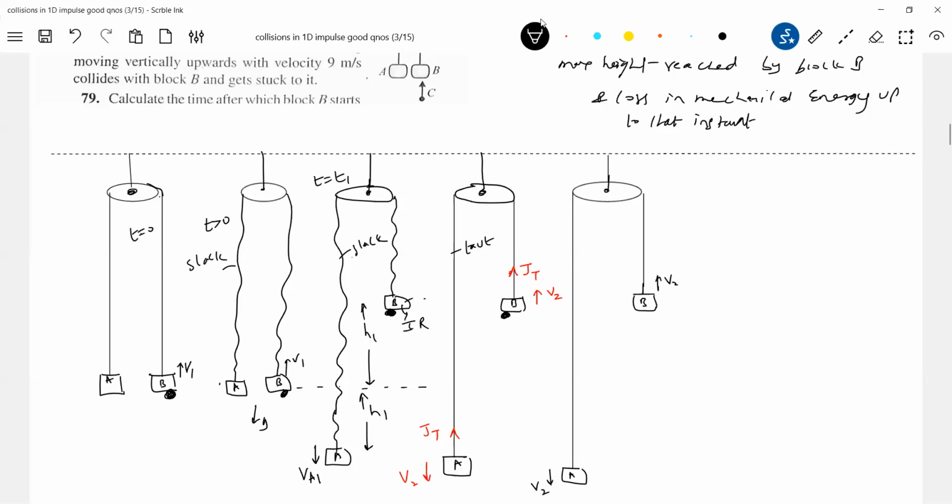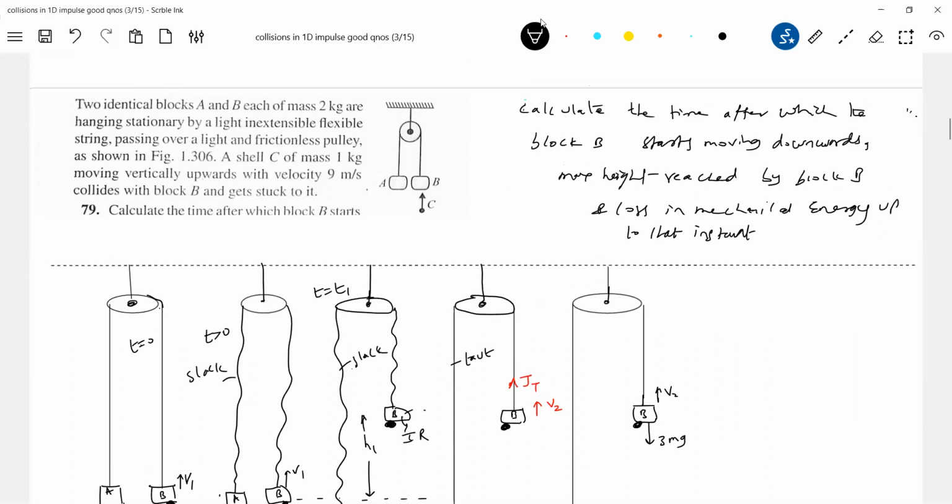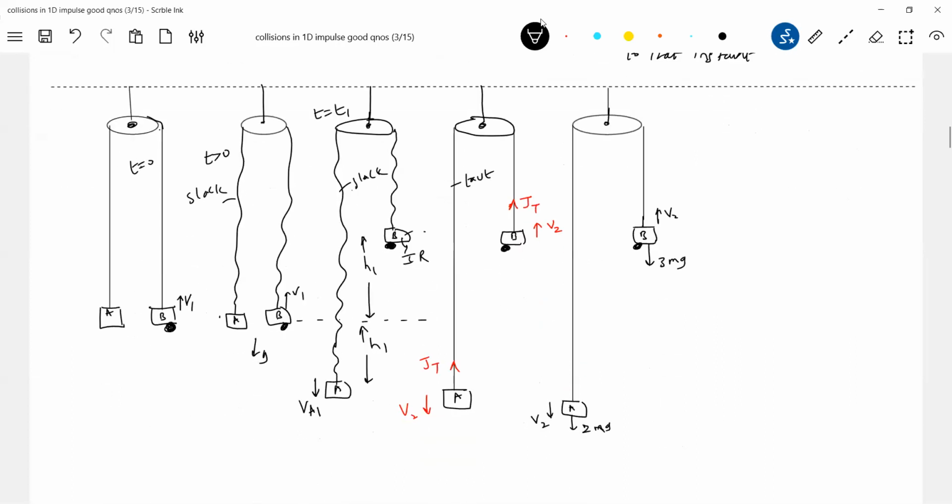It will start ascending, and you look at that, the resultant weight here, how much will it be? 3 mg. Here how much will it be? Only 2 mg. Mass of A and B are 2 kg. This is 2 kg. This is 1 kg. What do you expect now?